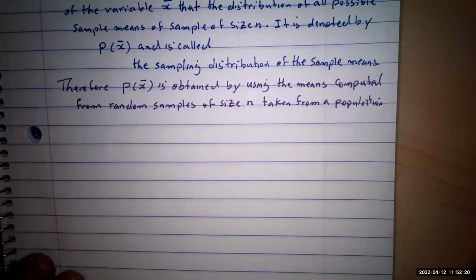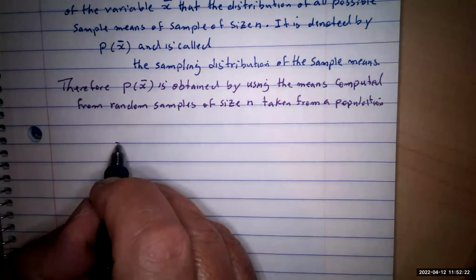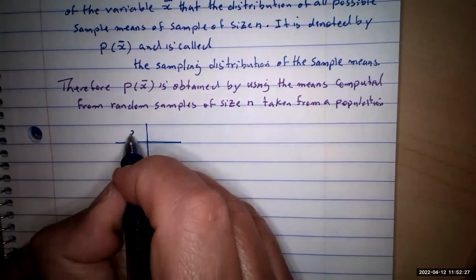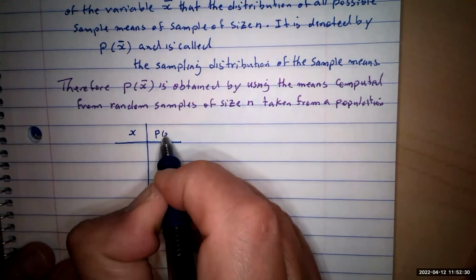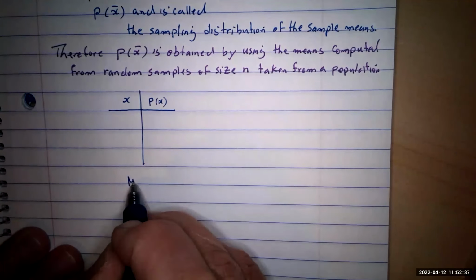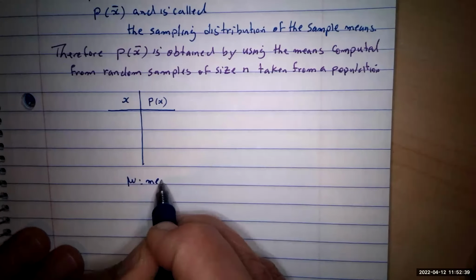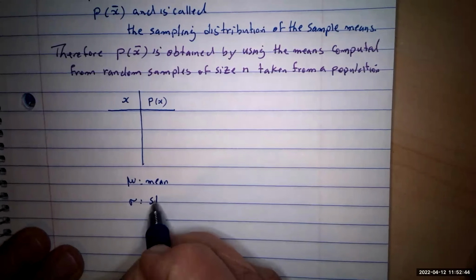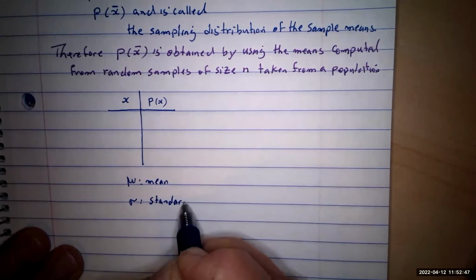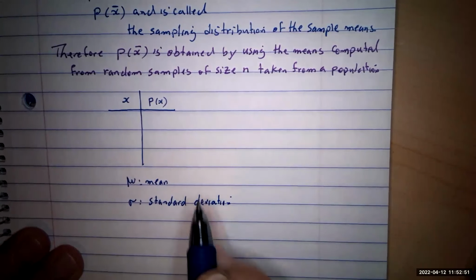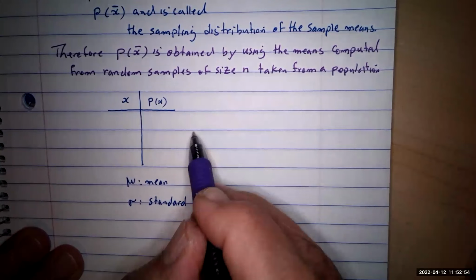Okay. So for the last time, this is what we have originally. Remember, that was x, that was P of x. In this case, mu is the mean, and sigma is the standard deviation. So what are we going to do? We're going to get a new one.